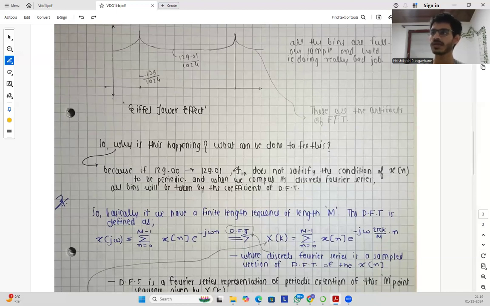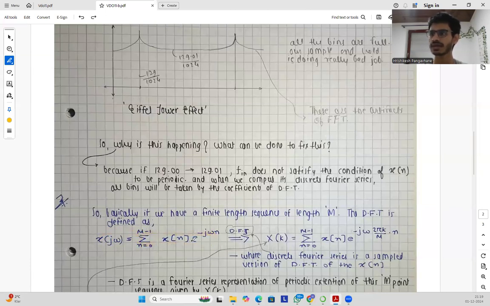If we have a finite length sequence of length, let's say, capital M, its discrete Fourier transform is defined by X of j omega equals this value.